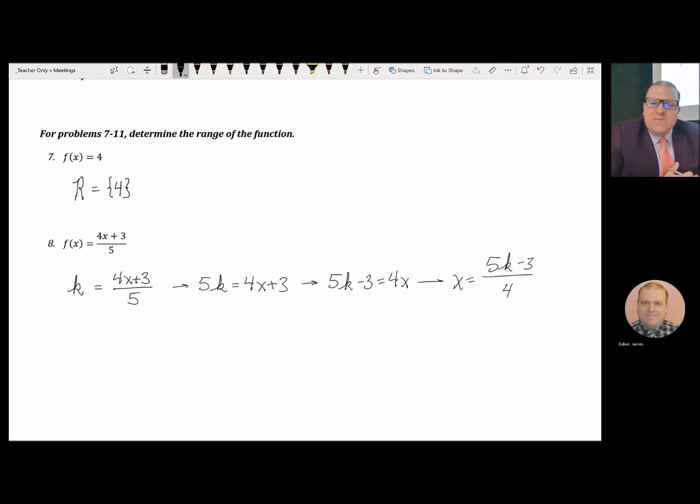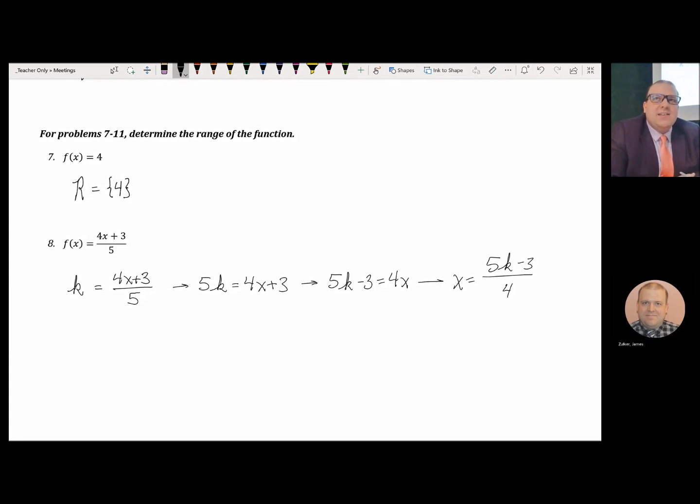So ultimately, x is going to be (5k minus 3) over 4. The range is the domain of (5k minus 3) over 4. What you basically do is look at it and ask, are there any values that you cannot plug in for k? No, so k can be anything.